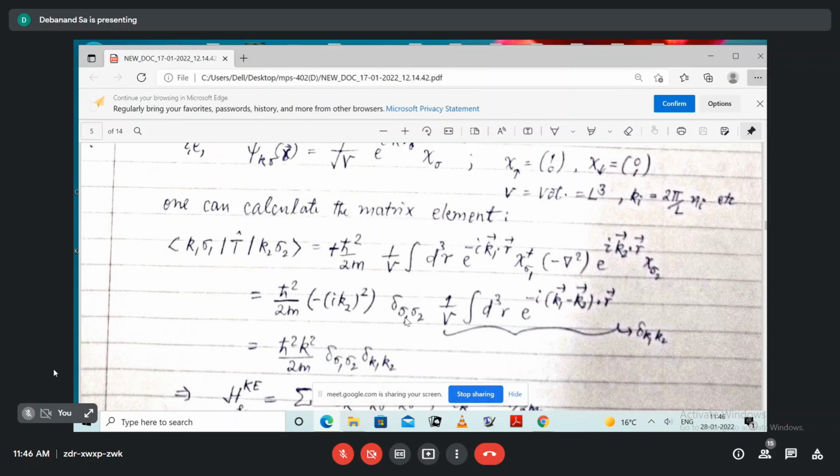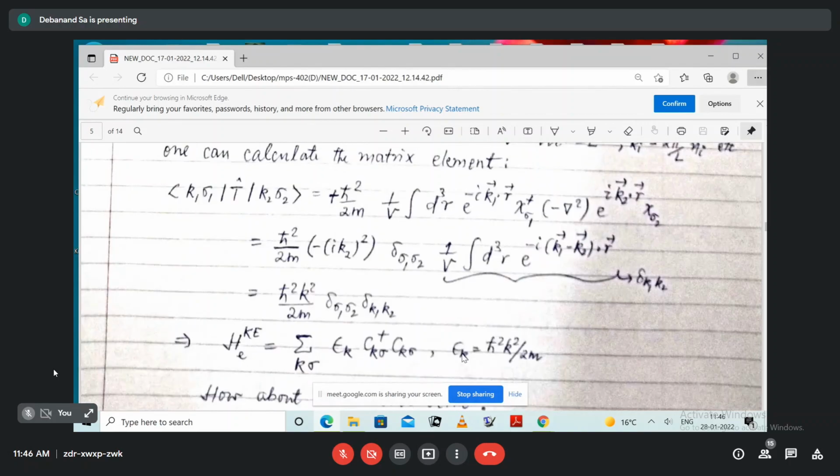Because this is just p square by 2m. No? Look here, your epsilon k single particle energy is true for upspin and true for downspin. It is the same thing for upspin and downspin, so this doesn't carry any spin index. There is no dynamics because your kinetic energy is independent of spin. That's how I said every single particle state is doubly degenerate. Actually there are two levels there, but both have the same energy, so only one level is seen.